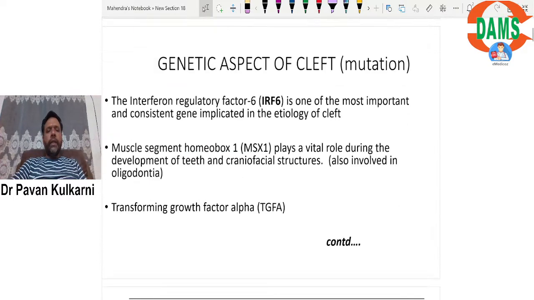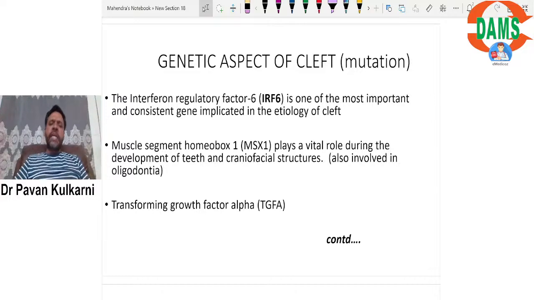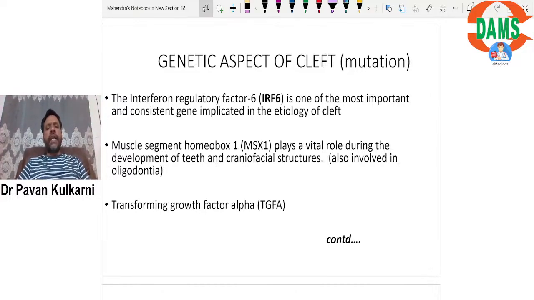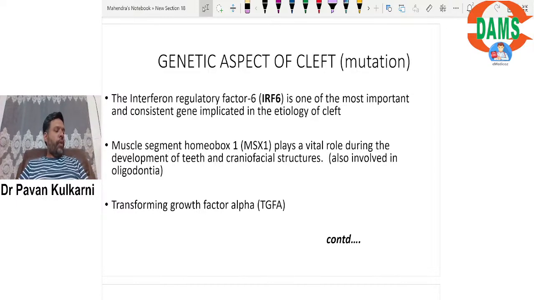Now, coming to some genetic aspects of cleft. This is again a very classical question and can be one of the potential topics to appear in the NEET exam. What are the various genes? I just want you to remember two important genes. One is IRF6. What is IRF6?